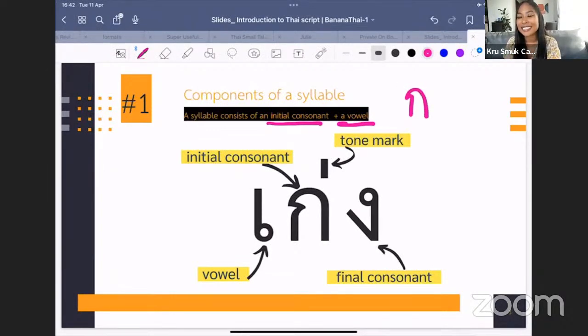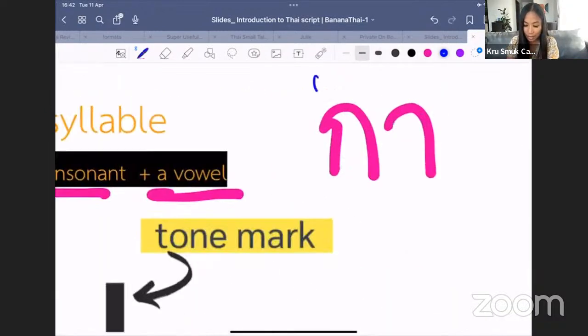A consonant. ขอไข่ กอไก่, right? So this is the initial consonant. And what about this one? สระอา, a vowel, right? So you already got this one, which is the consonant, and this one is the vowel. And that's why you can pronounce it as a syllable. Okay, this is needed: initial consonant and vowel.